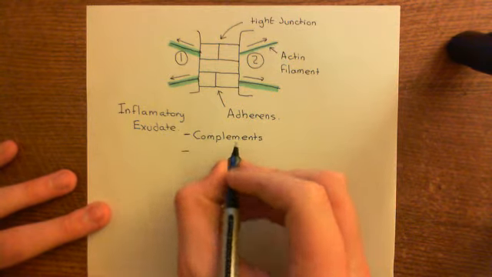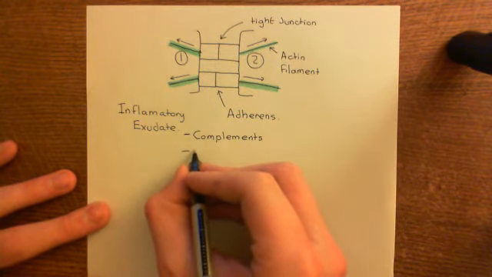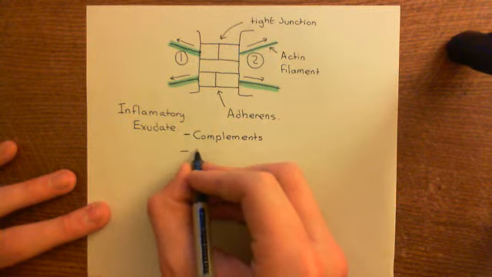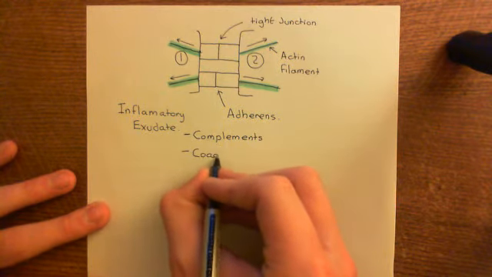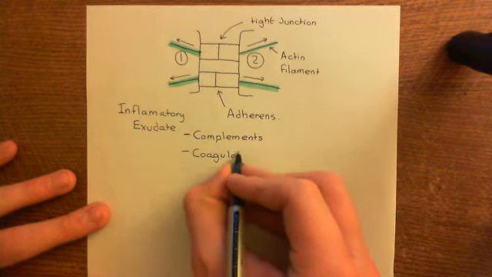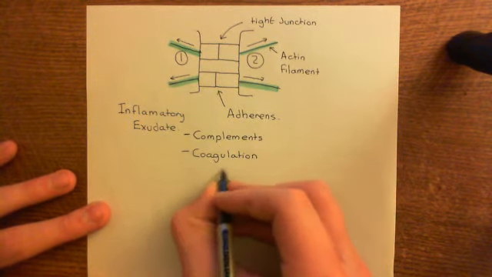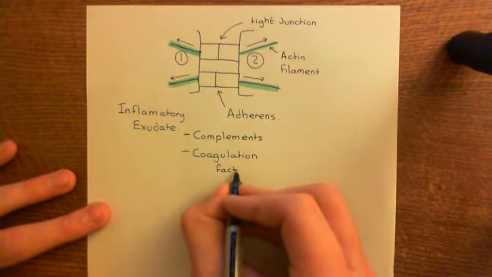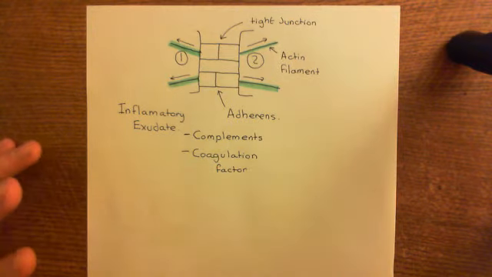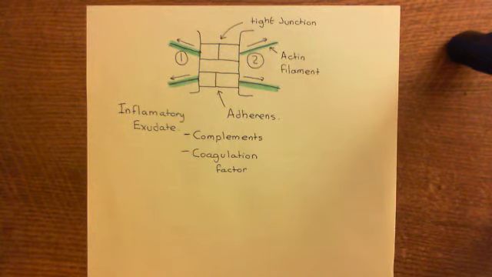Okay, and they will lead to the destruction of those pathogens. Okay, and also to bring in the coagulation factors. Okay, and the coagulation factors are proteins that are produced within the liver, and basically, when you allow coagulation factors out of the bloodstream and into interstitial fluid, then they set off the intrinsic and extrinsic coagulation cascades, which leads to the inactive protein fibrinogen being converted into fibrin, which is then assembled into fibrin strands.